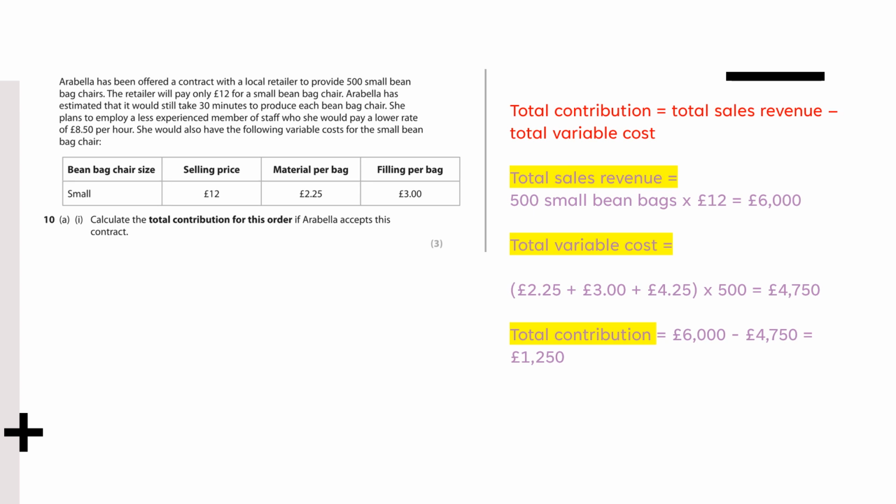So to produce one bag is going to be £4.25, because you do 8.50 divided by 2. Then you add them together, times that by 500, because remember there's 500 beanbags being made, and that's £4,750. So we've got our total sales revenue and we've got our total variable cost. You take them away and that gives you your total contribution, and that gives us £1,250.